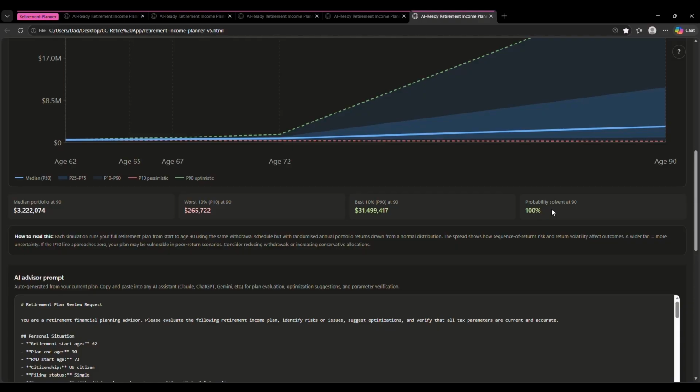Below 65%, consider reducing withdrawals or extending the timeline before retiring. The sigma setting that controls the width of the fan is in the Edit tab under the Monte Carlo settings, and you can tighten or widen the return volatility to match your actual portfolio allocation.